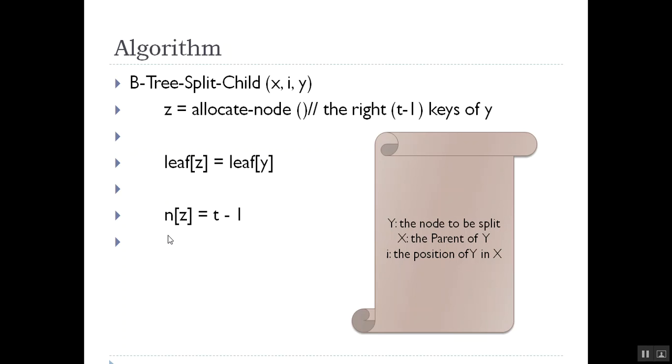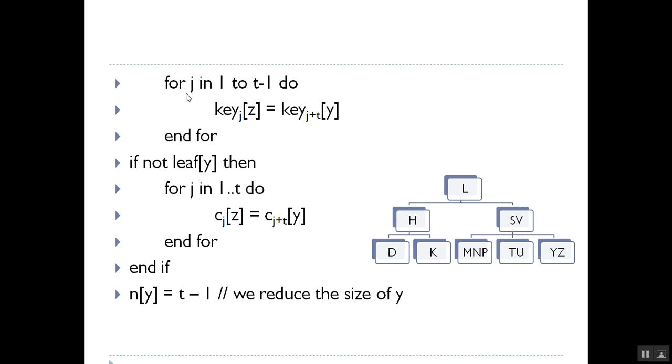So after that, we are going to determine the number of keys that Z should contain. So after preparing the node Z, we are going to fill it in. For j in 1 to t minus 1, because we said that the node Z will contain t minus 1 elements, and the new size of y will be also t minus 1.